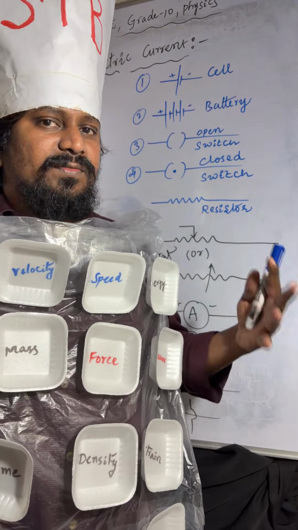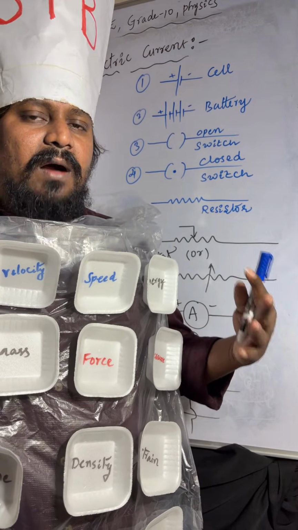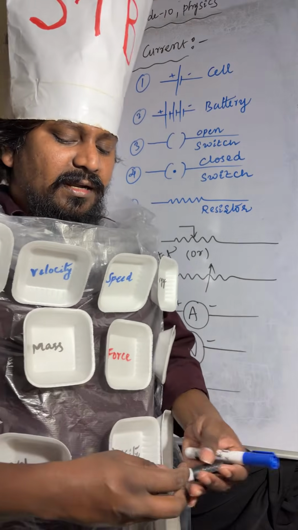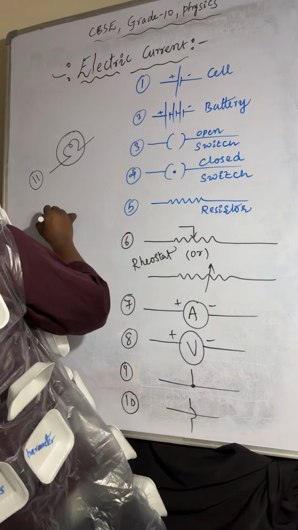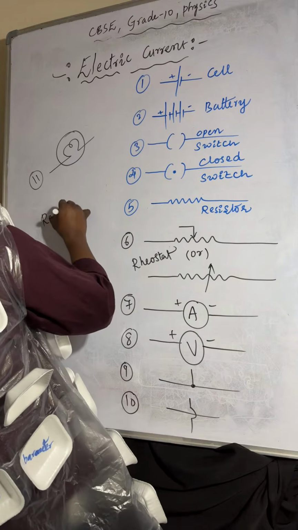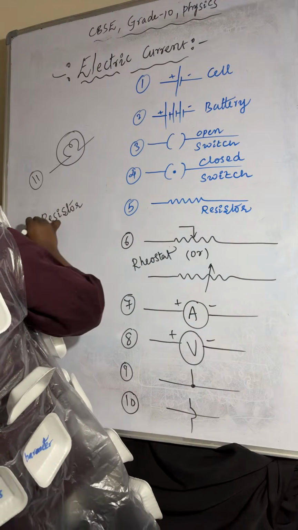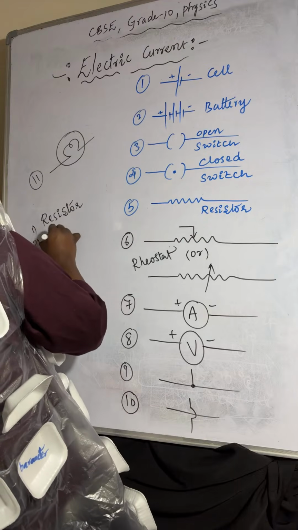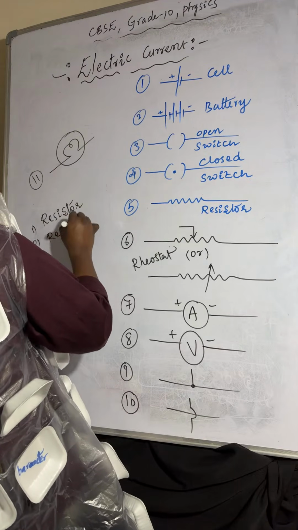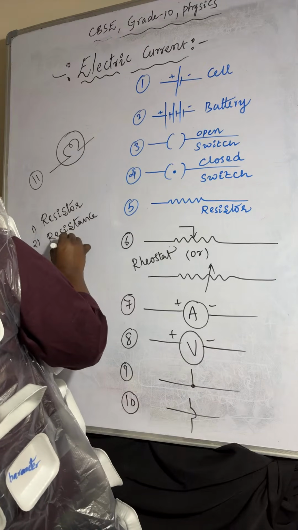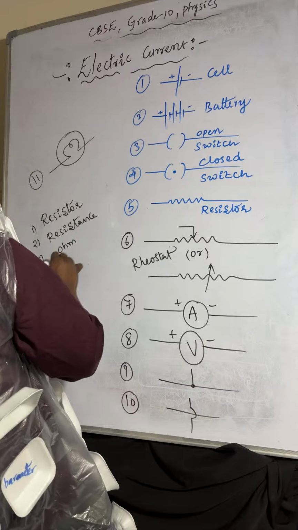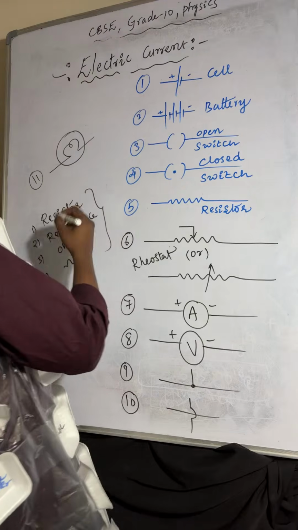Resistor is a device which is used to oppose the electric current. About resistor we need to discuss a few points. First one is resistor, second one is resistance, third one is ohm, and fourth one is symbol for resistance.